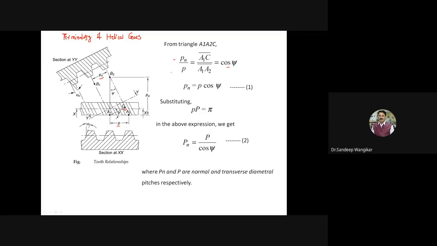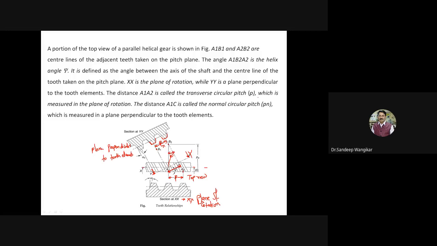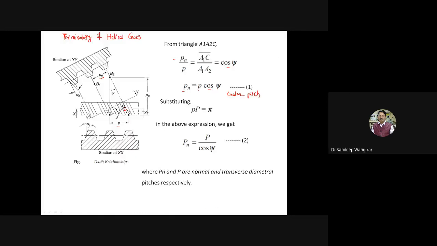So it will become Pn divided by P. So I can write Pn is equal to P into cos of psi. This we are writing for circular pitch, where we have already written transverse circular pitch and normal circular pitch. So our Pn stands for normal circular pitch and P stands for transverse circular pitch.